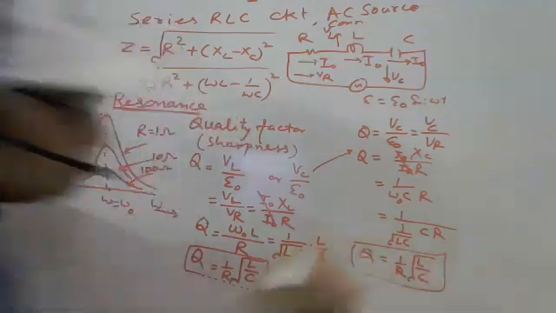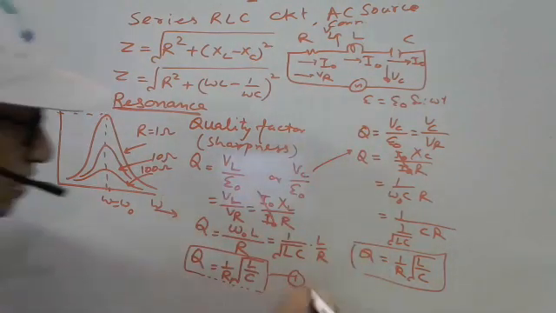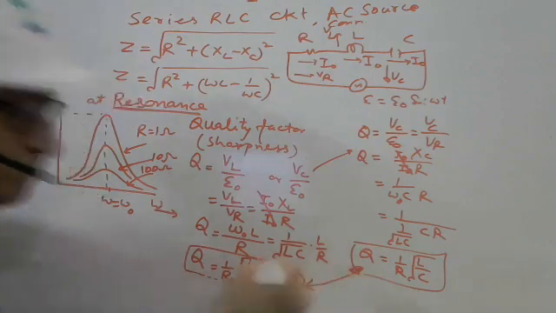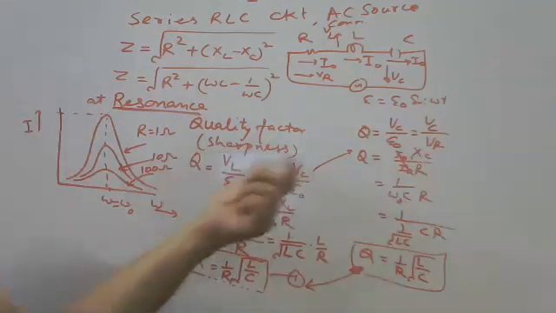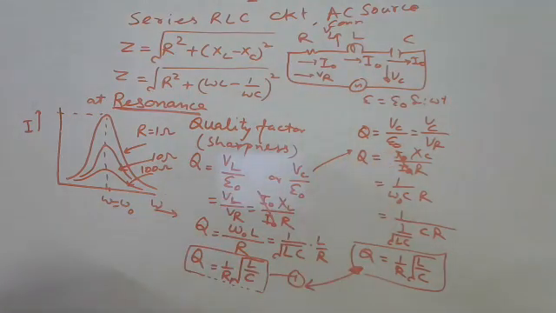So either you solve it with VL or VC, we are getting the same result, because VL and VC are both the same thing. Here we use different formulas for VC and VL, but the end result is the same. At resonance, the voltage across L and across C are the same, and the quality factor is also the same, because at resonance resistance is important.